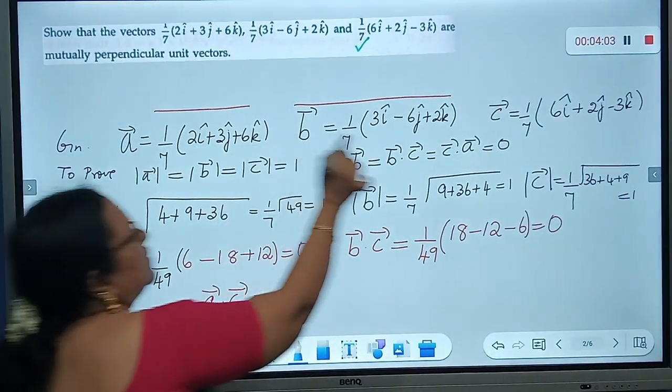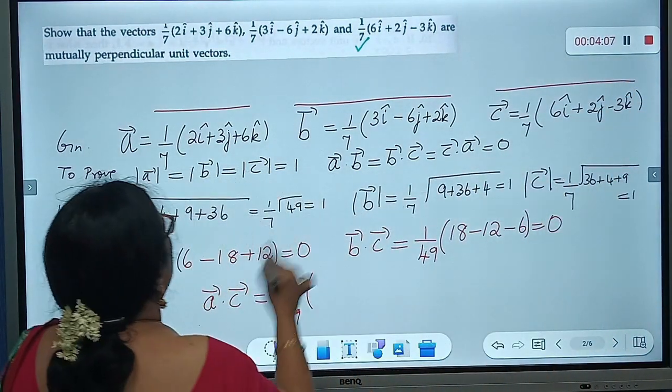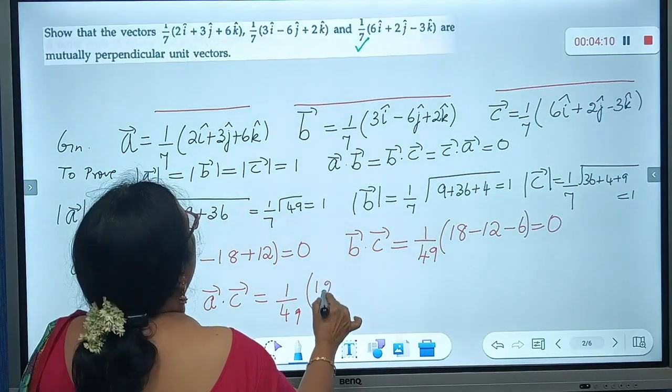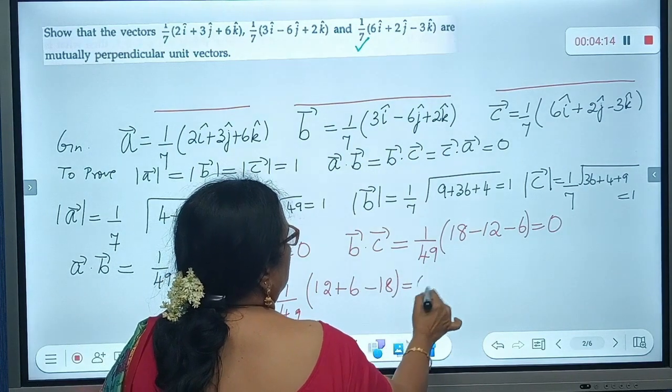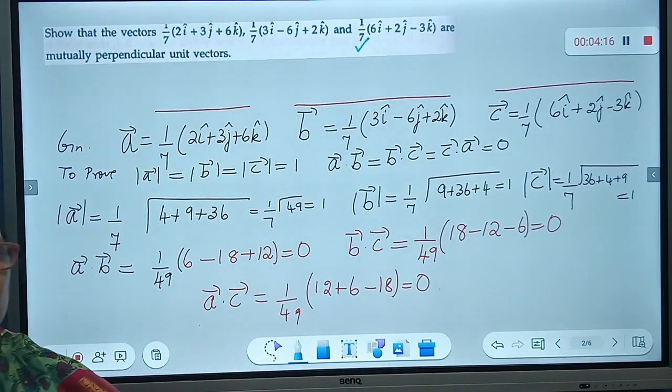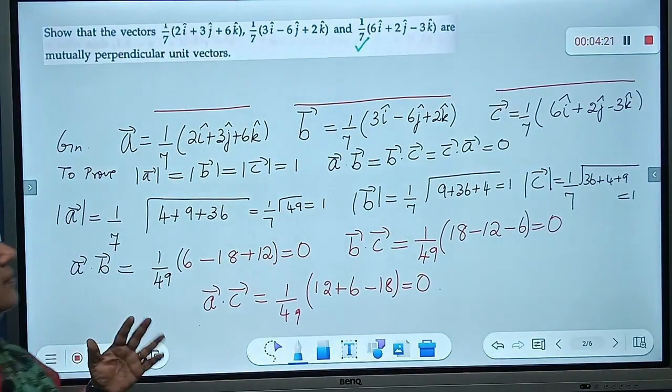So this is A and this is C. So I'll get 1 by 49, 6 into 2, 12 plus 6 minus 18 which is 0. So they are all unit vectors and they are mutually perpendicular to each other. Is it clear?